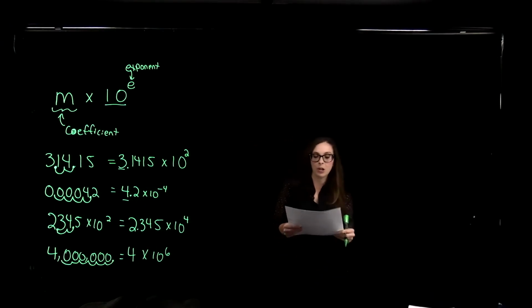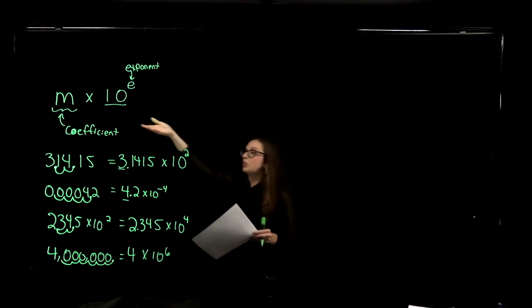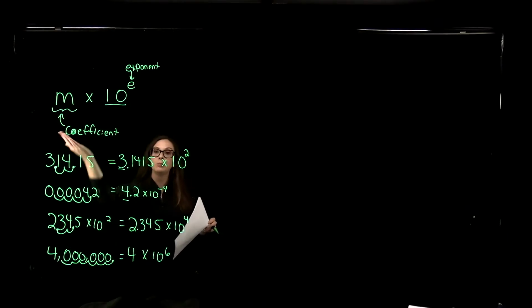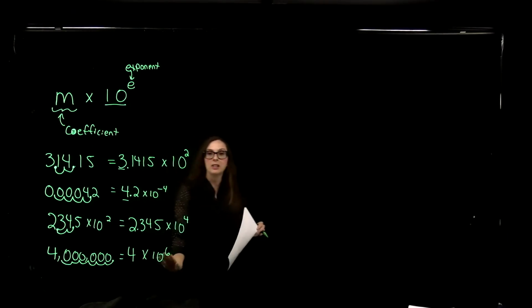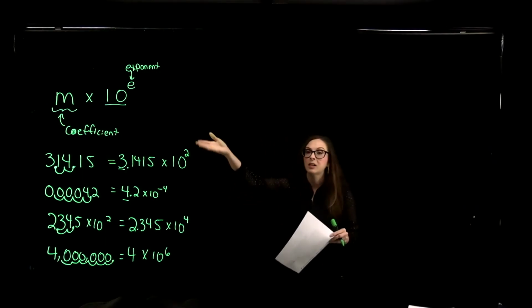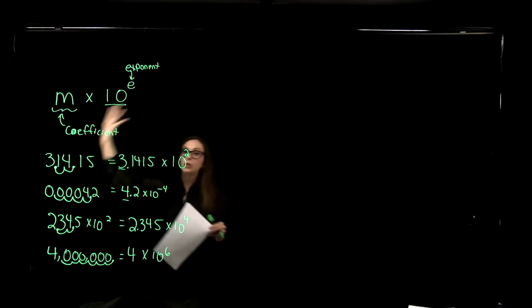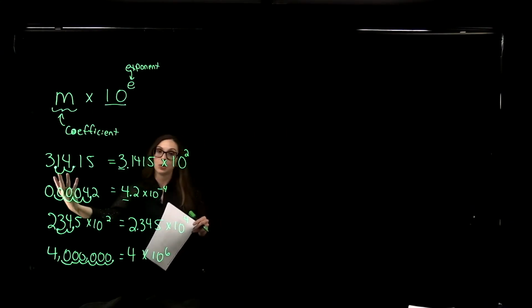And so you're going to practice putting a bunch of numbers in their decimal notation into scientific notation. And then you might do the opposite. Take some of these numbers from scientific notation and put them back into their decimal notation.